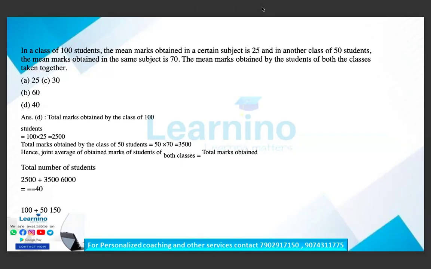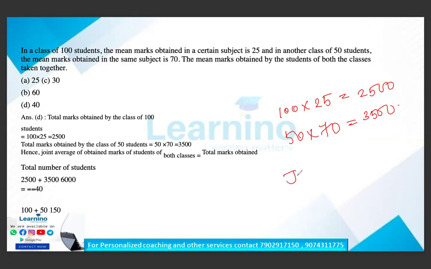In a class of 100 students, the mean marks obtained in a certain subject is 25, and in another class of 50 students, mean marks obtained in the same subject is 70. Find the mean mark obtained by the students of both the classes taken together. So first class 100 into 25, that is 2500 total marks. Second class 50 into 70, that will be 3,500.